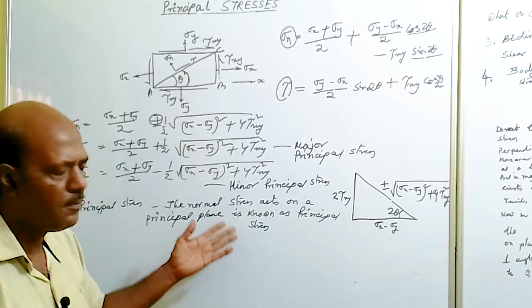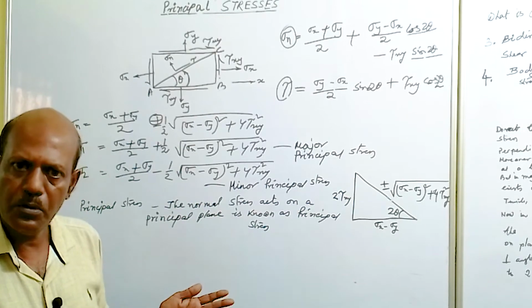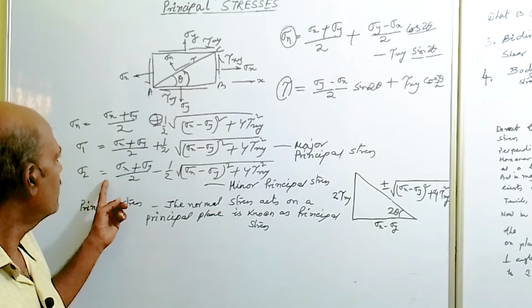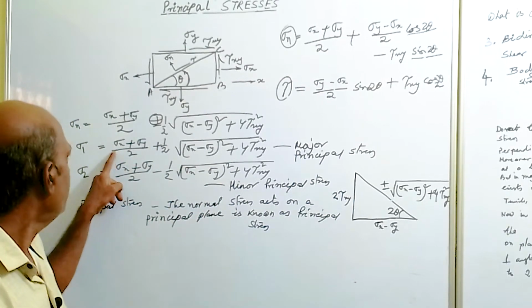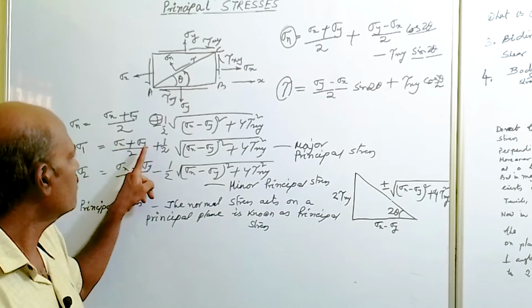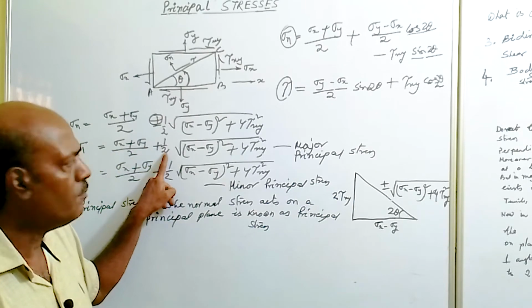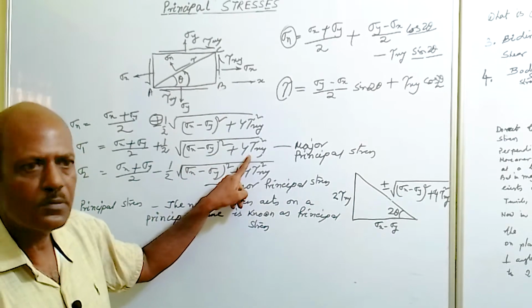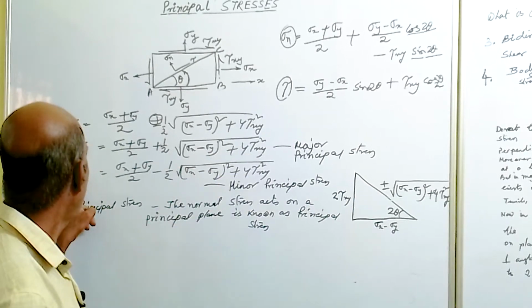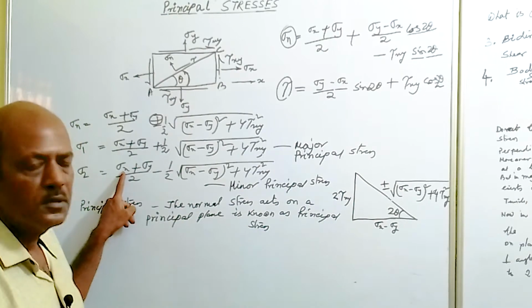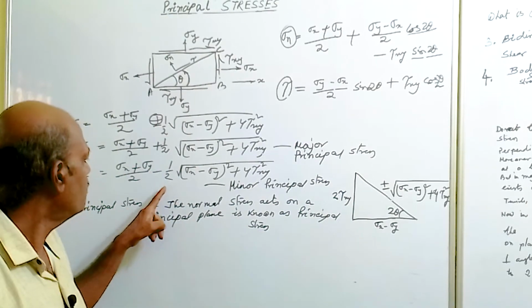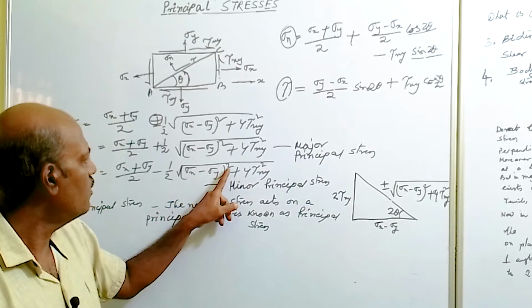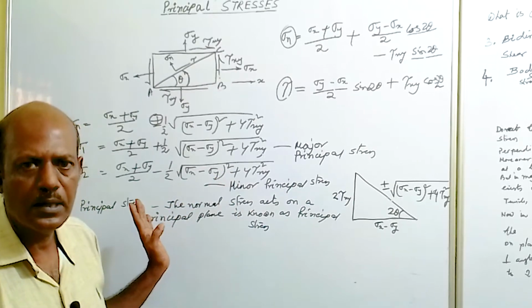But in two-dimensional cases, we will get two principal stresses, that is sigma 1 and sigma 2, and the values are given by sigma 1 is equal to sigma x plus sigma y by 2 plus half square root of sigma x minus sigma y whole square plus 4 tau square xy, and sigma 2 becomes sigma x plus sigma y by 2 minus half square root of sigma x minus sigma y whole square plus 4 tau square xy.